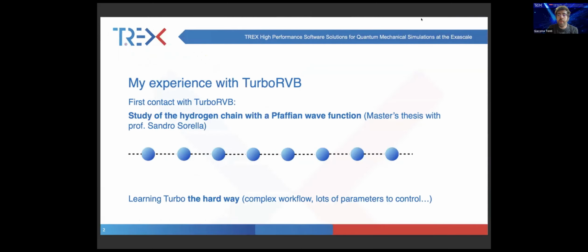My experience with Turbo started with my master's thesis, where I studied a nitrogen chain using the Pfaffian wave function. That's actually one of the features of the TurboRVB code. And I would say that I learned to use Turbo the hard way.